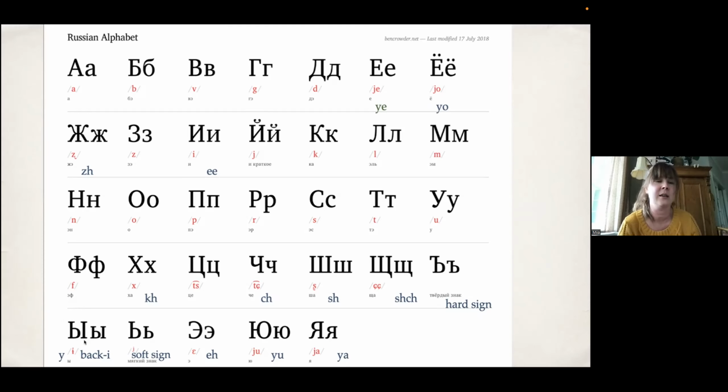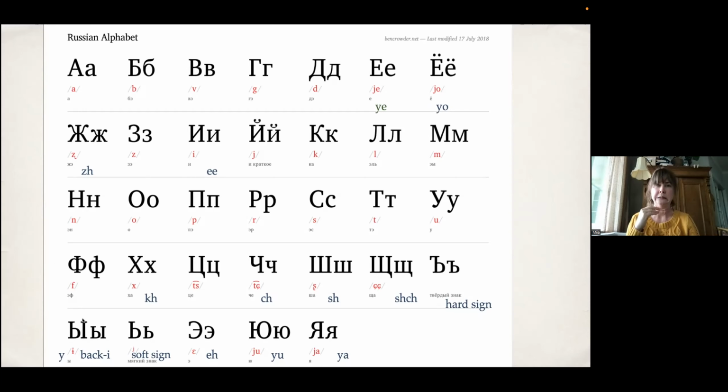This is an interesting one because this is kind of like their Y, but it has a back emphasis. So it's like the I letter, but it is pronounced in the back of your mouth, because this is the I letter that is pronounced in the front of the mouth like E, and then you have to draw it back to say this one.